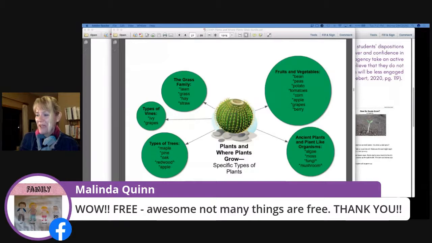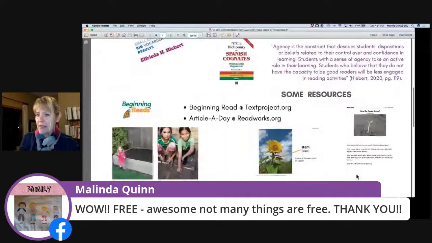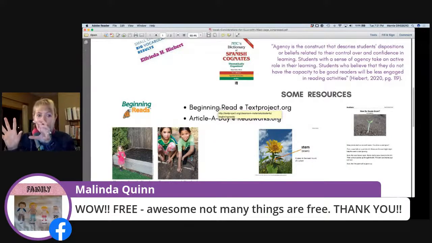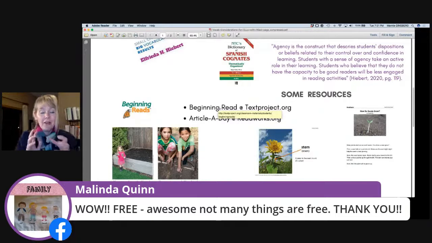So, okay. So we are talking about, back to this. That is one way to tie in for the English learner who may be very new to the English language. The beginning reads can be really helpful.